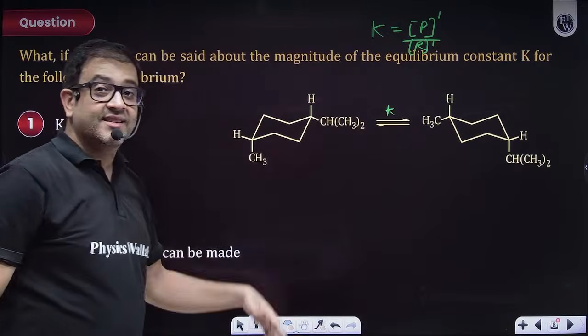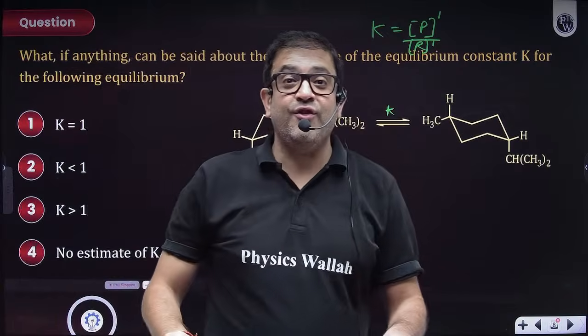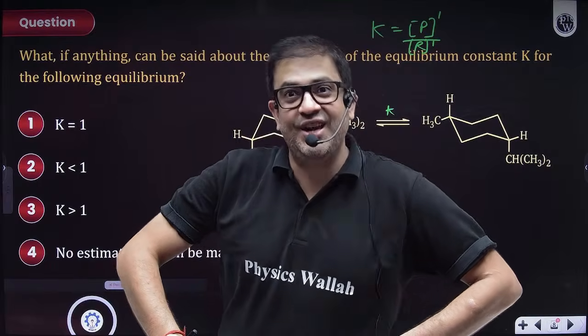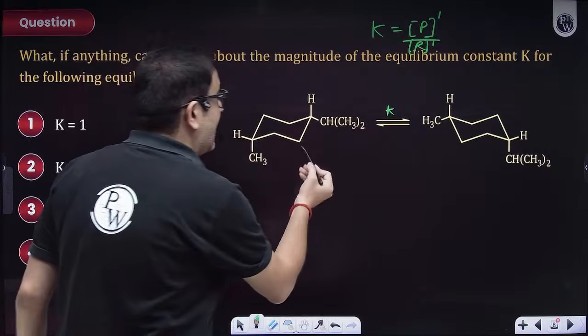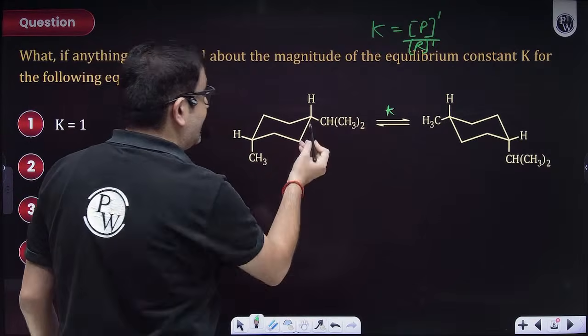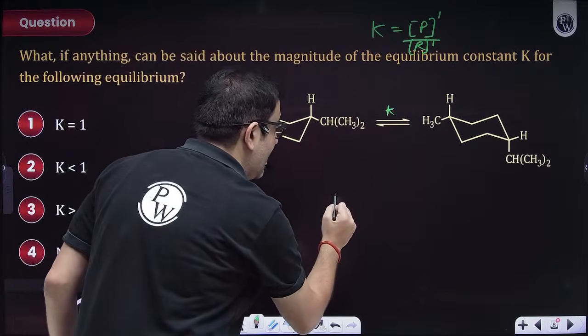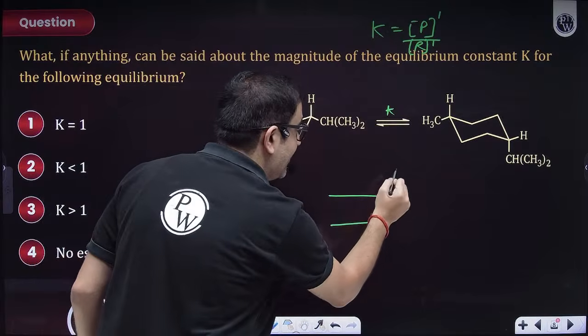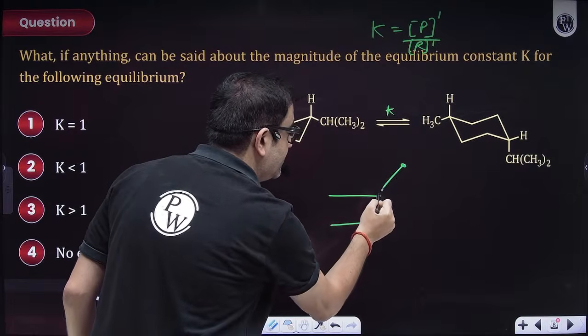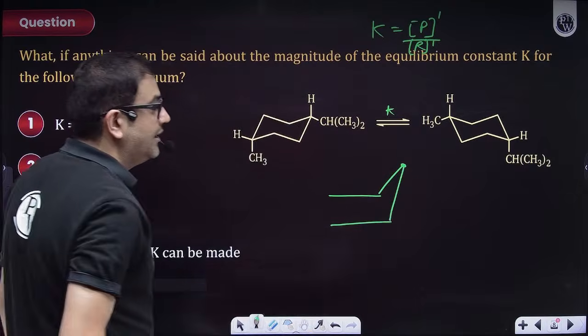Sir, the most famous conformer of cyclohexane is the chair form. The chair form is most stable. Because I have two chair forms, let us make that chair form again for you. How to draw a chair form? Beta, draw two approximately parallel lines. Then a top carbon, join this with both the lines.